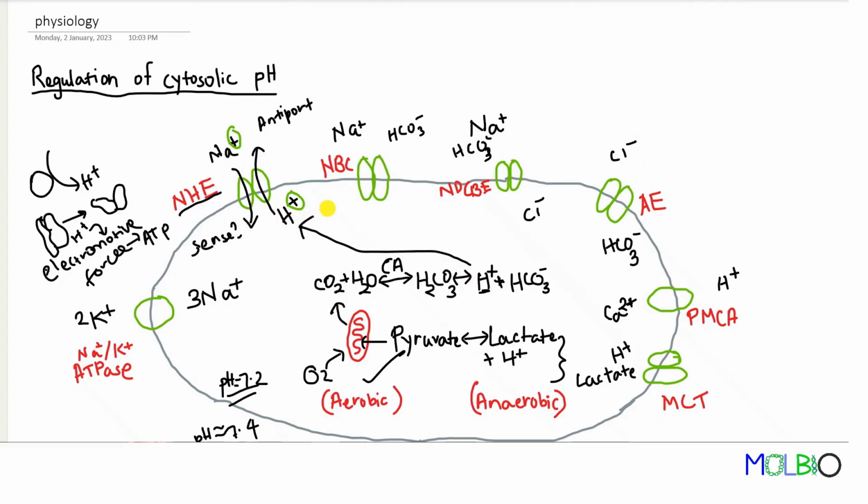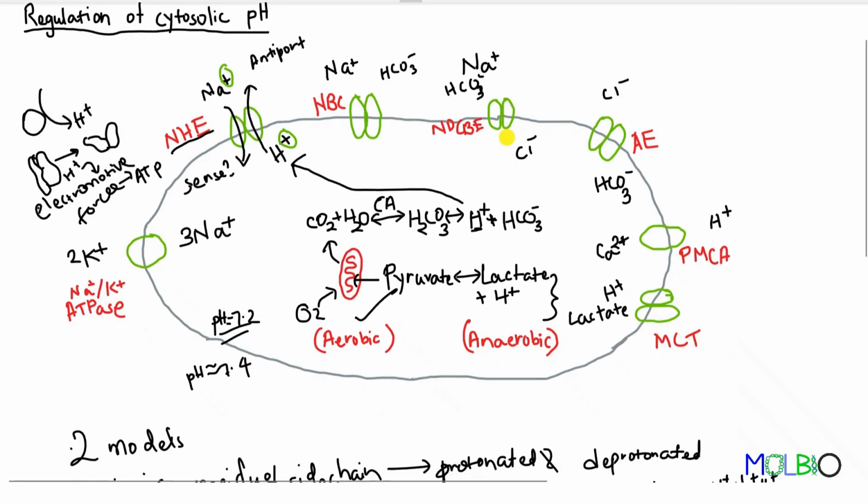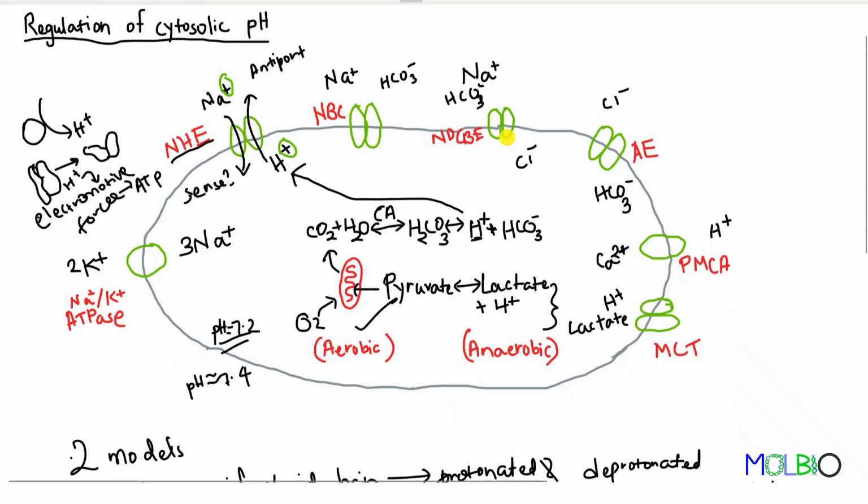Now we saw that the proton formed from this reaction is being sent out of the cells, but there is also generation of bicarbonate ions. And if the bicarbonate ion stays inside the cell, that's also something we don't want.